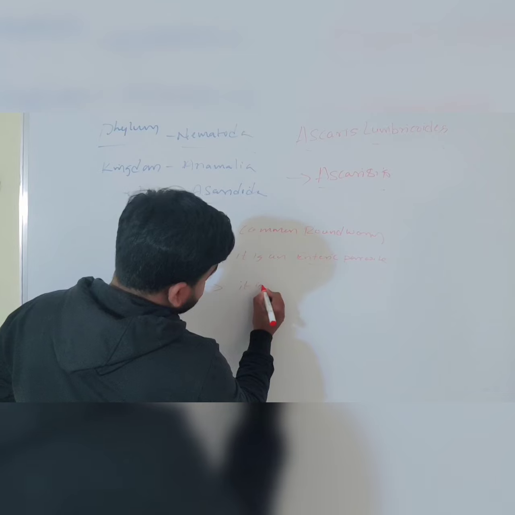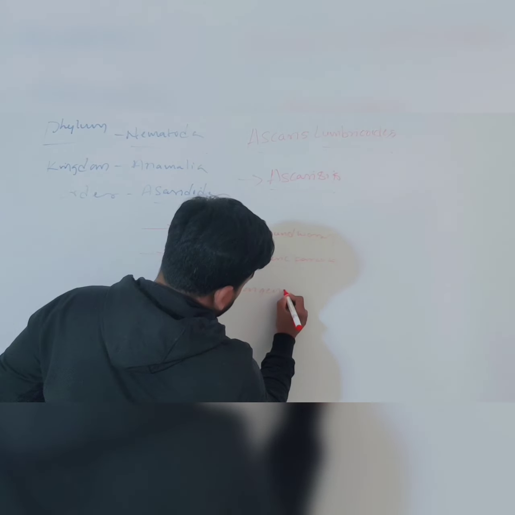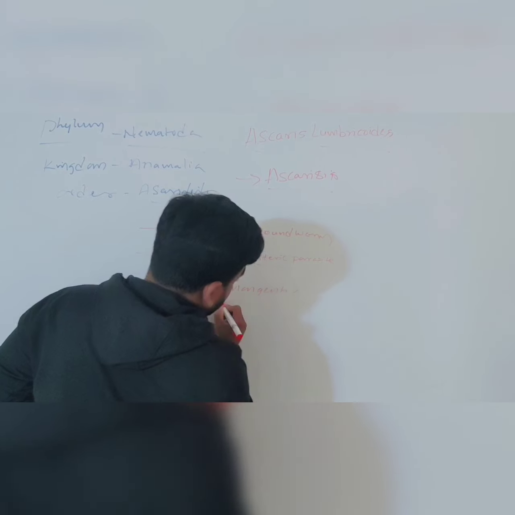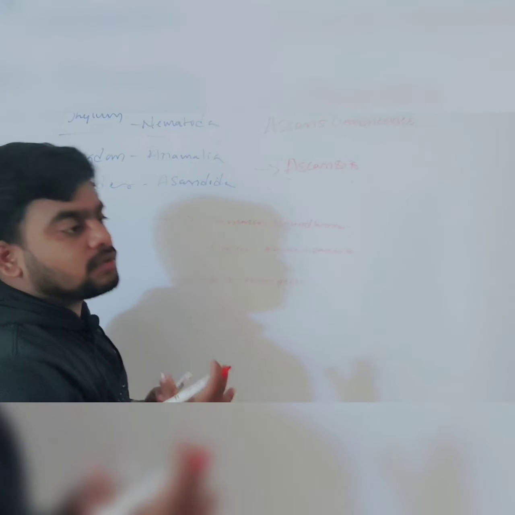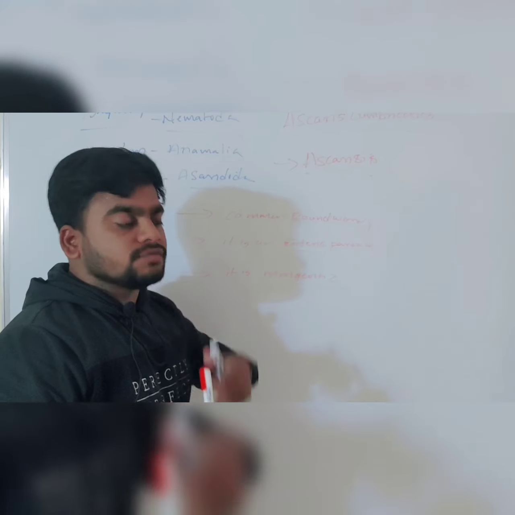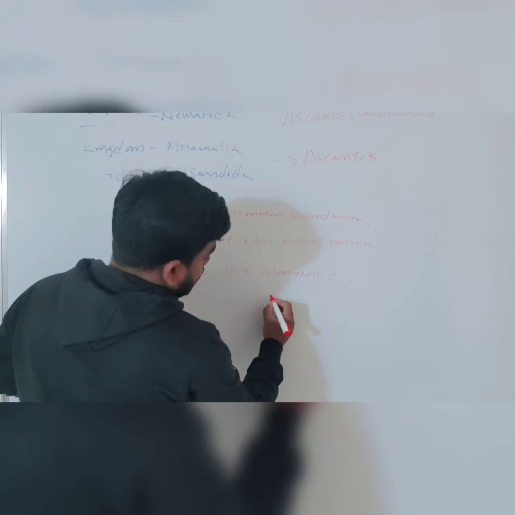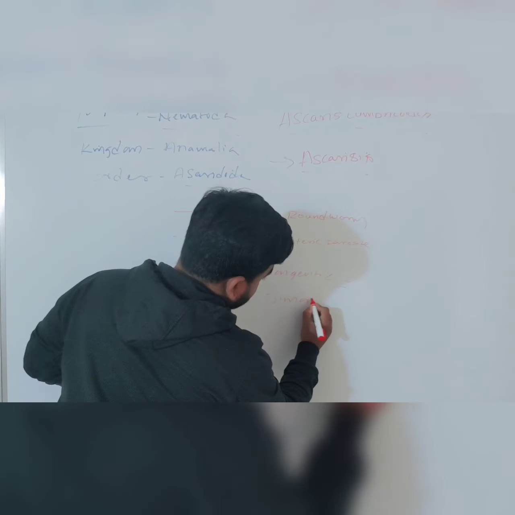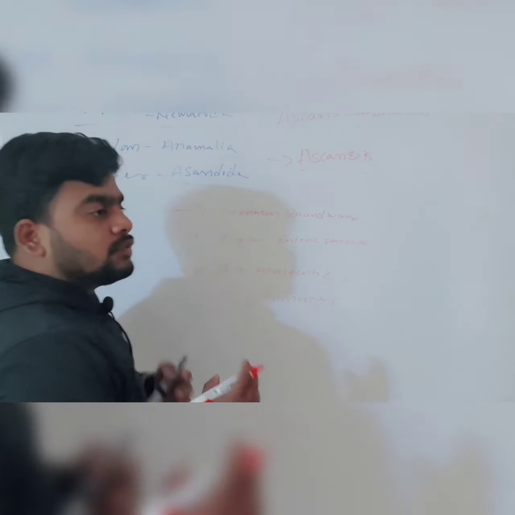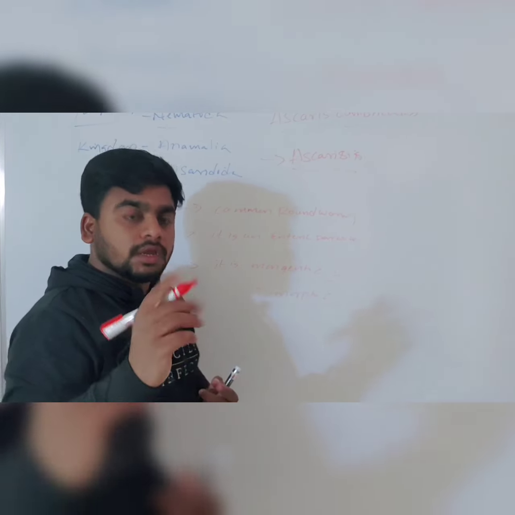It is a monogenic parasite, which means the whole life cycle is passed in only one host. And it is dimorphic, which means it exhibits two sexual phases, two forms.